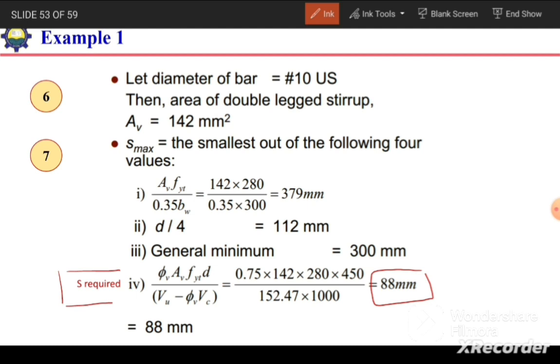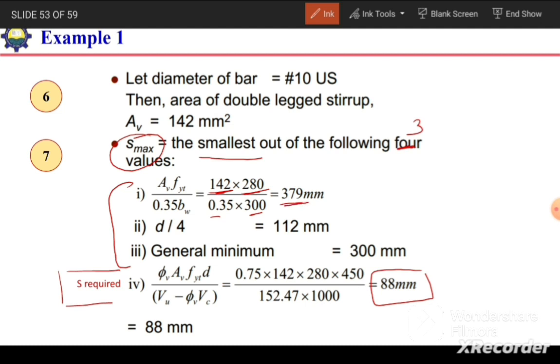And now we need to compare this s required with the s maximum, and s maximum will be the smallest or the least of these three values. So the first condition is Av fyt over 0.35 bw. Av is area in shear, fyt is the yield strength of the stirrup, 0.35, and bw is 300, the width of the beam.